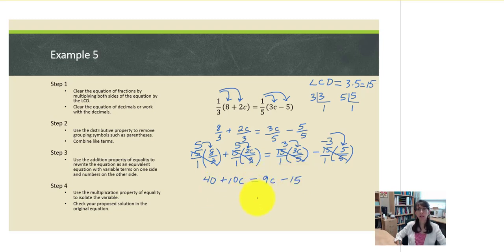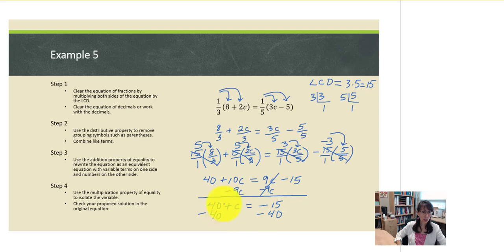So again, we're back to collecting variables on one side and constants on the other. So I'll subtract 9c from each side. And that leaves me 40 plus c equals negative 15. And subtraction of 40 will finish our problem.